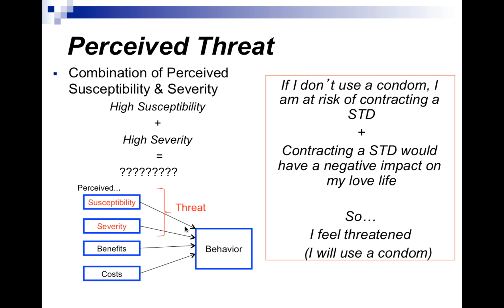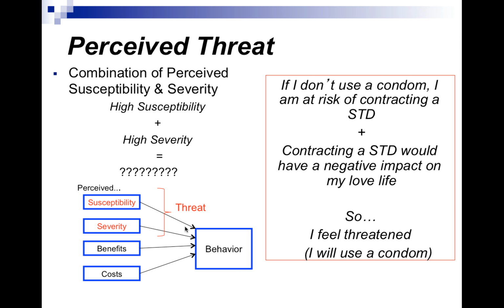Now, when you combine perceived susceptibility and perceived severity, you get a perceived threat. A perceived threat is the combination of these to find out how much does a person really feel that they need to take some action to either stop a behavior or start a behavior.